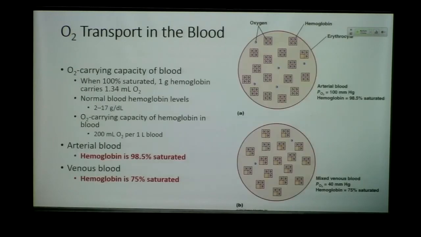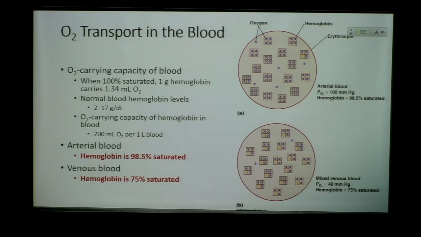All right. So let's look at what's happening in terms of hemoglobin and it becoming saturated versus unsaturated. So we know that when we have 100% saturation, hemoglobin has the ability to carry 1.34 milliliters of oxygen.